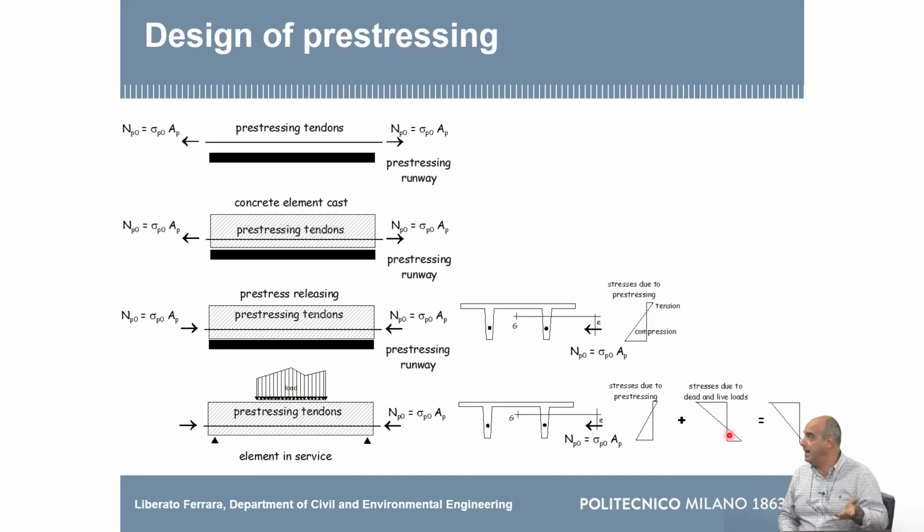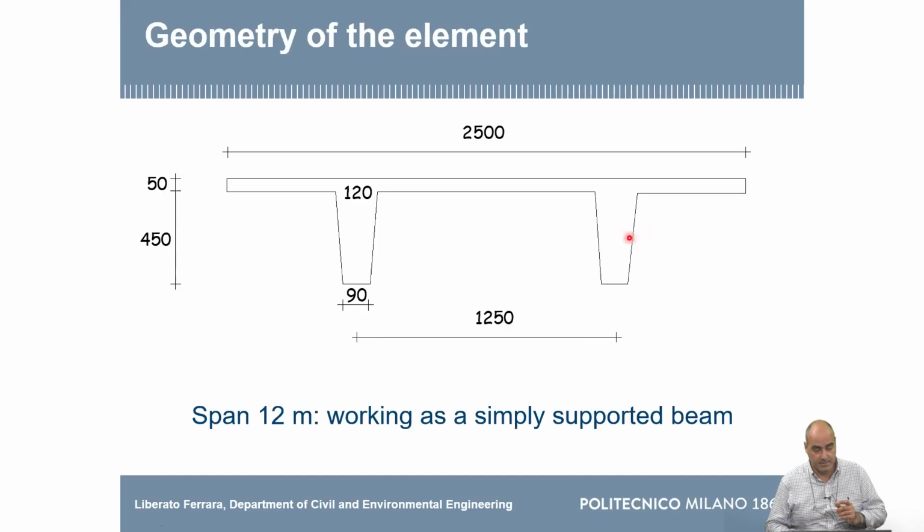And if your design condition is that you don't want to have any tensile stress here, you will have that. Or you may accept some limited tensile stress depending on the design situation. So this means that your element changes its way of functioning. And along its life, both materials also change, and so we have to account for this.